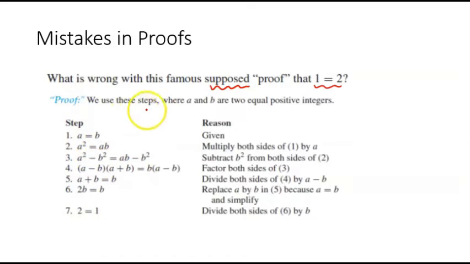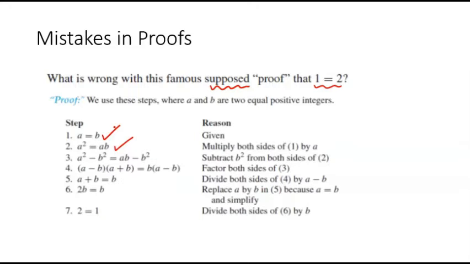They start with a equals b, where a and b are two equal integers. In the next step they multiply both sides by a. In step 3 they subtract b square from both sides, which is a valid operation in mathematics.